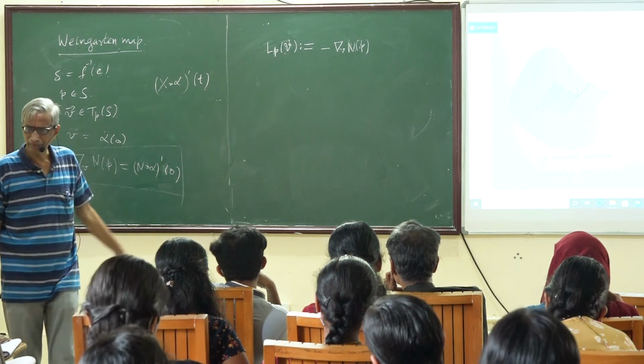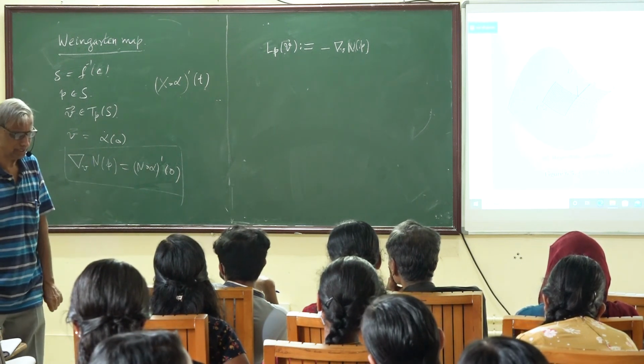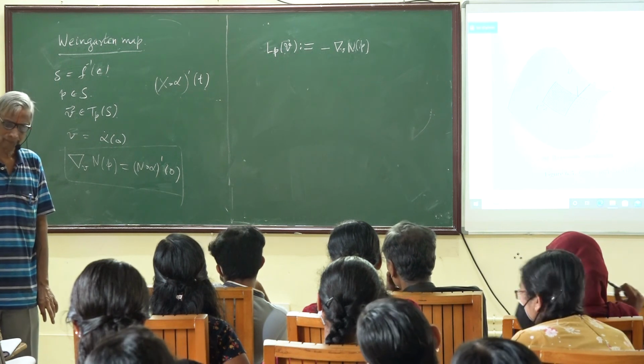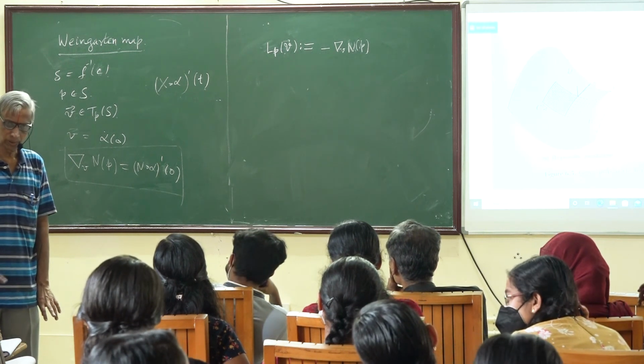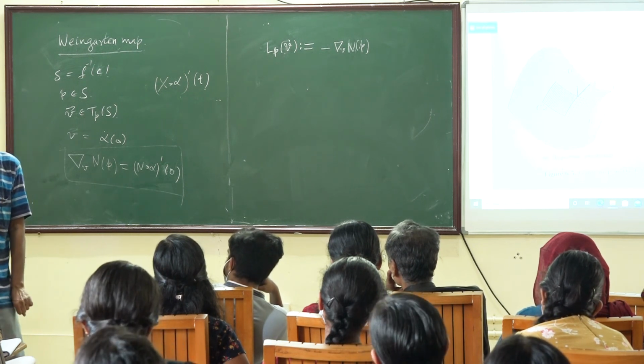What does the chain rule give you? N dash, what is meant by N dash? You mean Dn? Huh?